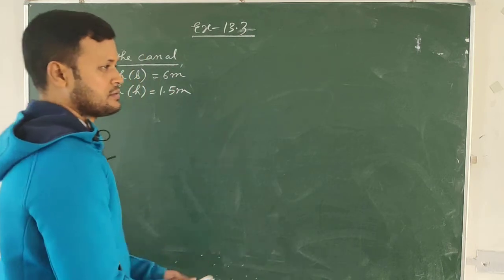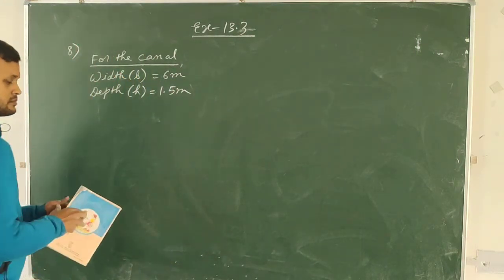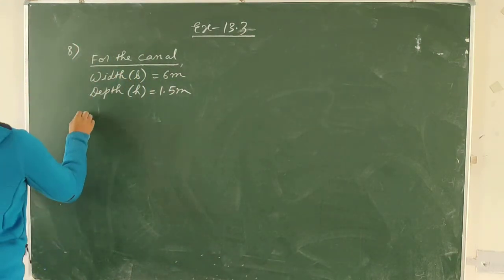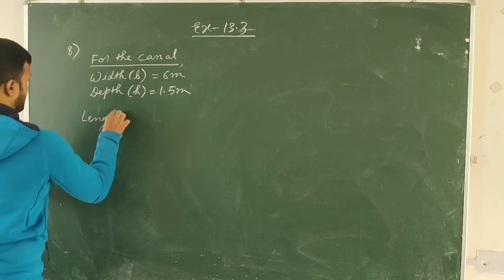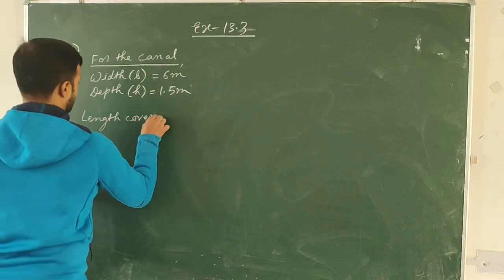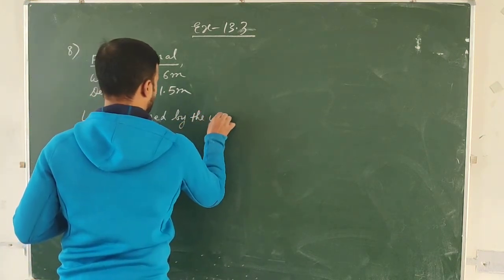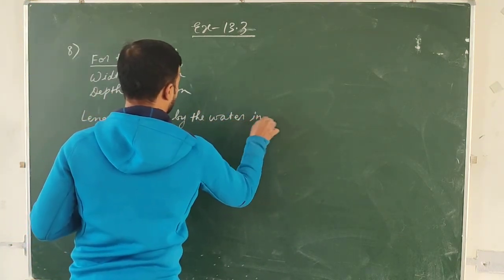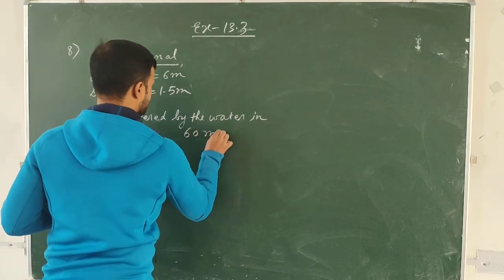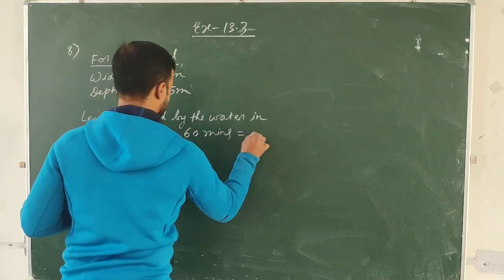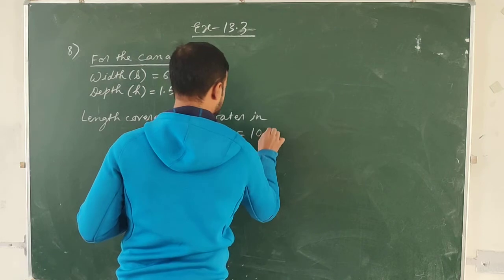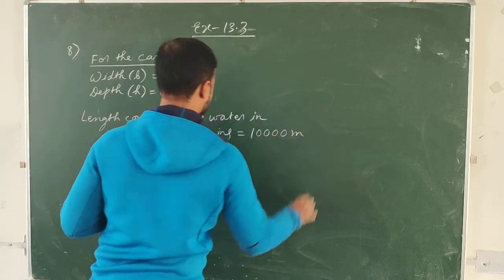Okay, so that means length covered by the water in 60 minutes is equal to 10 km, that is 10,000 meters.